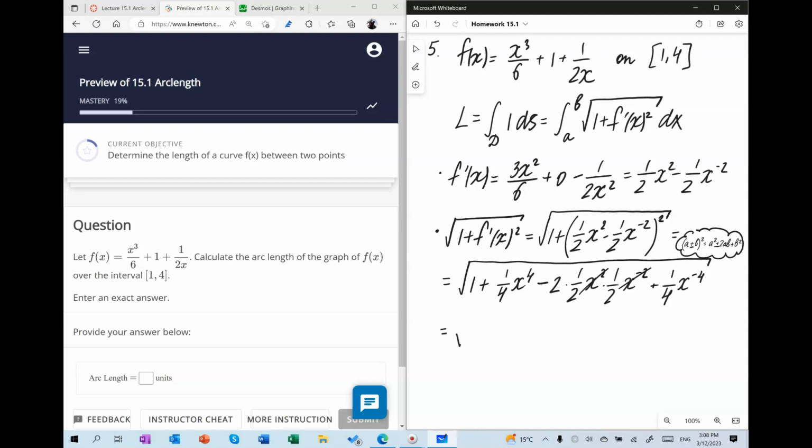So we have 1 plus 1/4 x to the 4. And here's what I want you to notice. This whole thing is equal to -1/2. But if you add it together with this one, you get exactly the same thing, but with a positive 1/2.